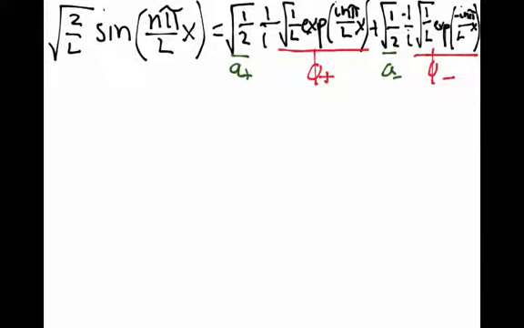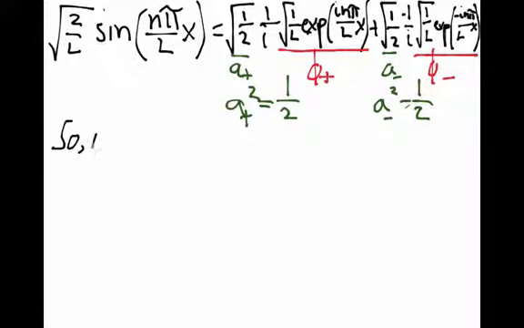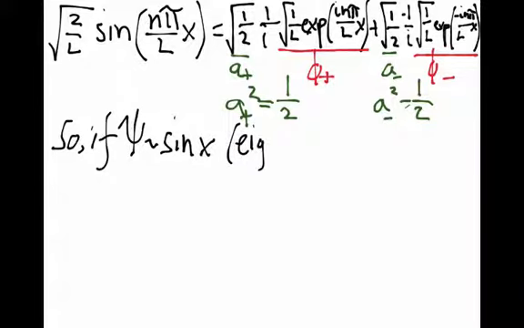So we're using plus and minus in this case because the answer has this unique attribute that we get the positive and negative values. So A plus squared is a half, and A minus squared is a half. So this is our 50-50. The probability of getting one value of the momentum or the other is just 50-50.